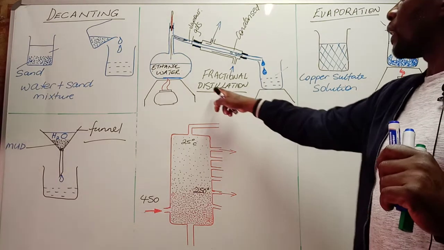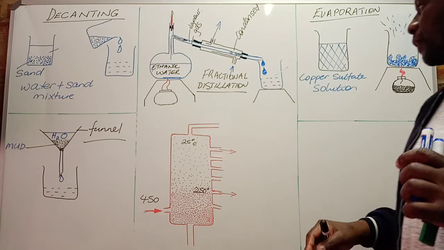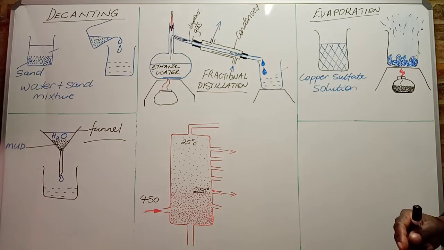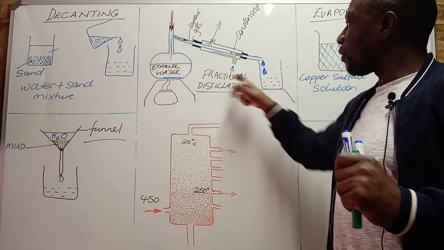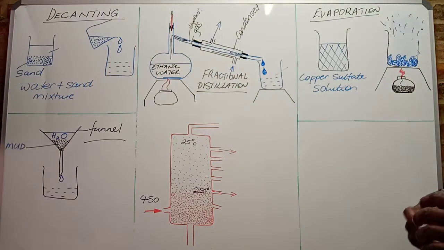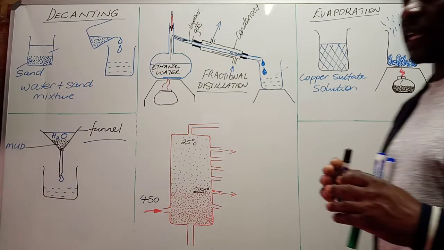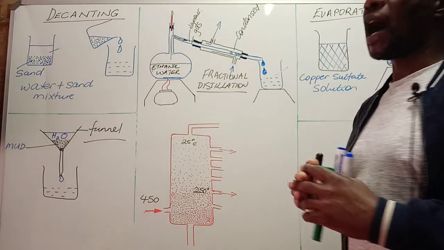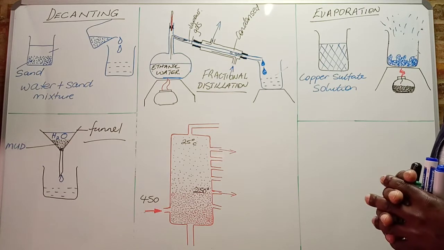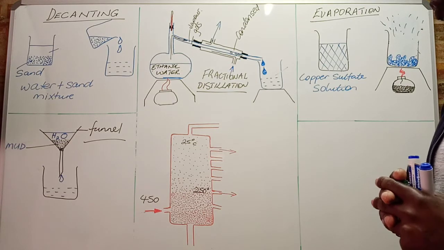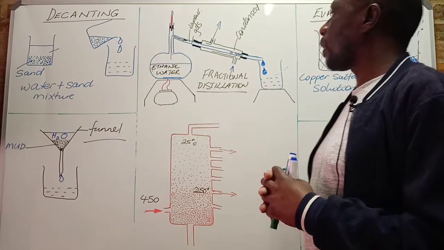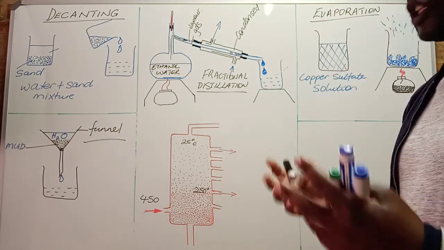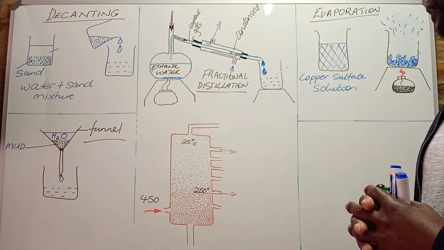So, when we look at the name fractional distillation, let us define what it is. Let's look at the word fractional. Fractional means in stages. The stages that they are talking about here are the boiling points. So in this method of separation, we take advantage of the different boiling points.